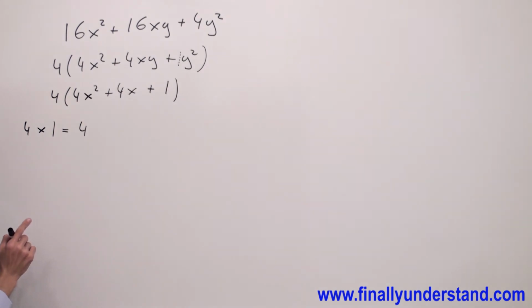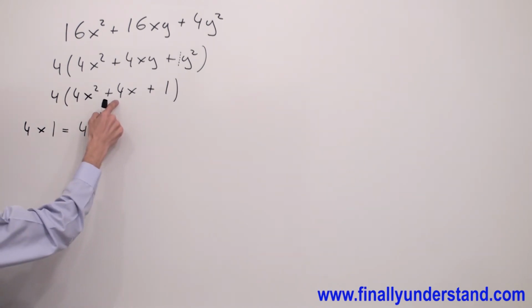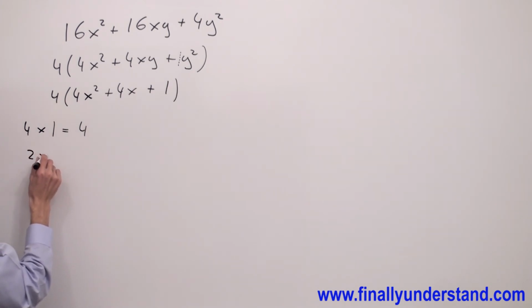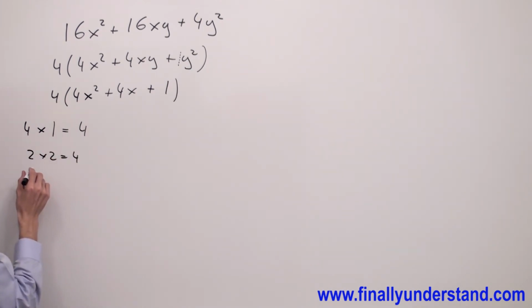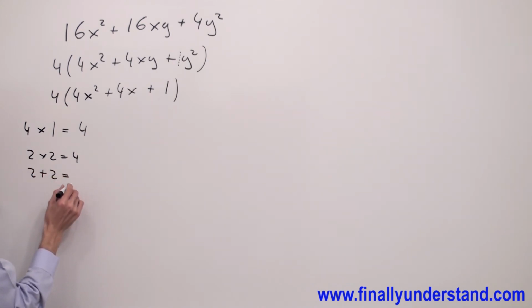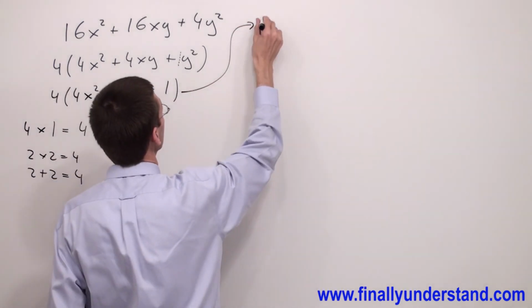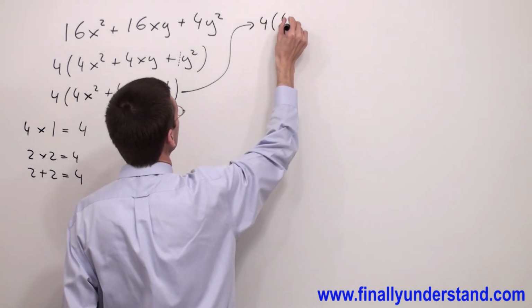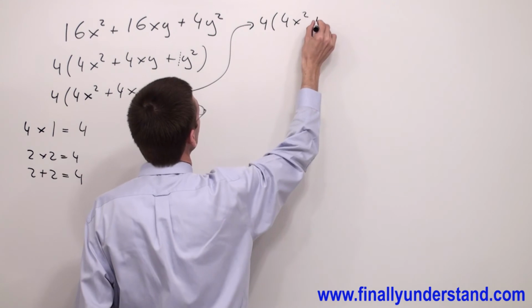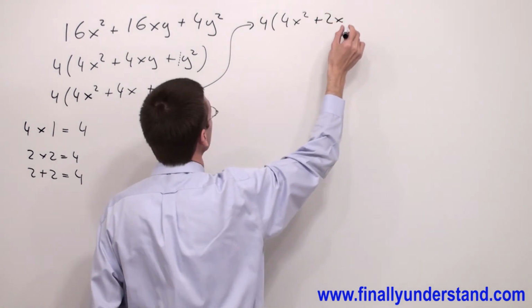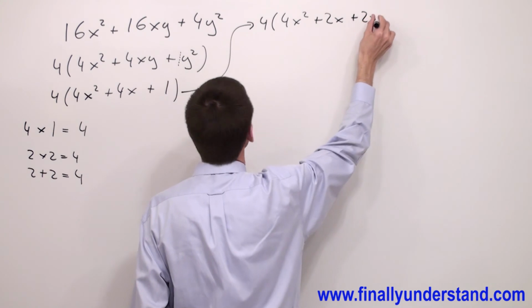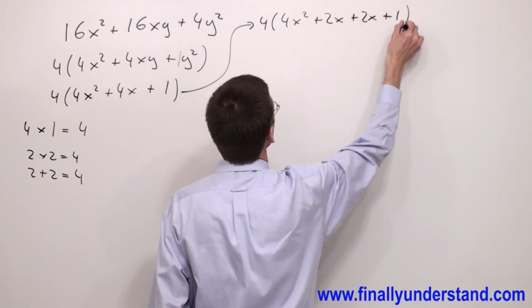The question is, what two numbers multiplied by each other are going to give me 4 and added to each other are going to give me 4? There's 4. There are 2. 2 times 2 gives me 4, and 2 plus 2 is also 4. That's why I'm going to rewrite this expression as 4, open parenthesis, 4x squared plus 2x plus 2x plus 1.